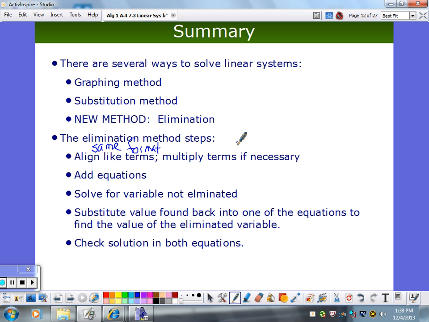So you basically look for opposites. If you don't have an opposite, you may need to do some multiplication. Add the equations. You're going to get one of the variables. Then solve for the variable that wasn't eliminated, and then put it back in and check. So this is the same as we did in the substitution method. Are you sure? Yes. I am sure.